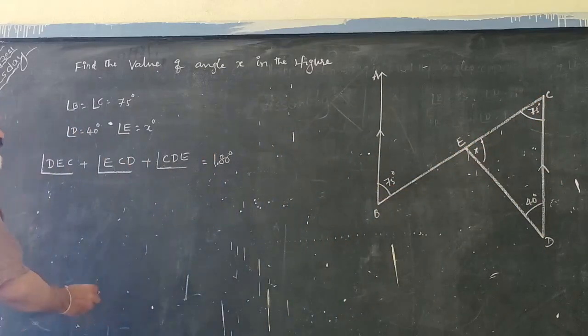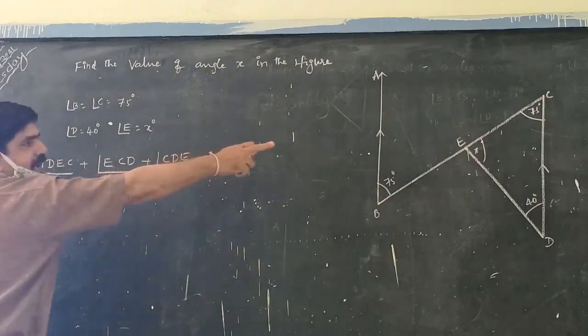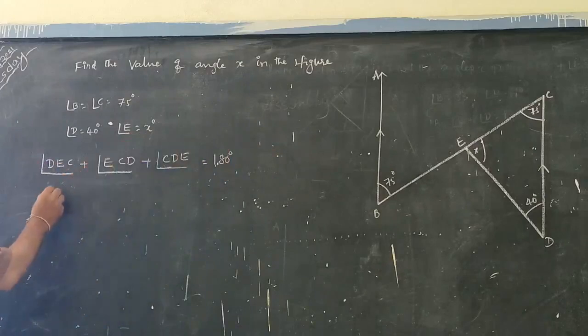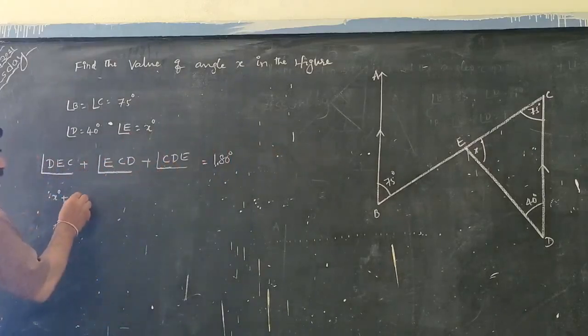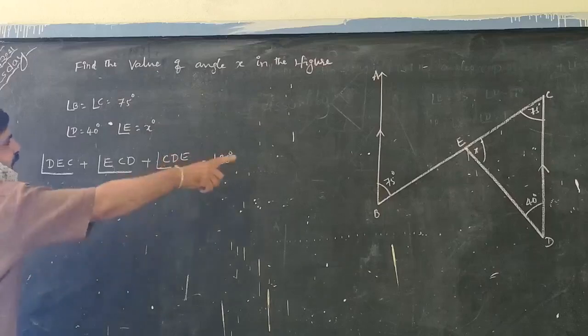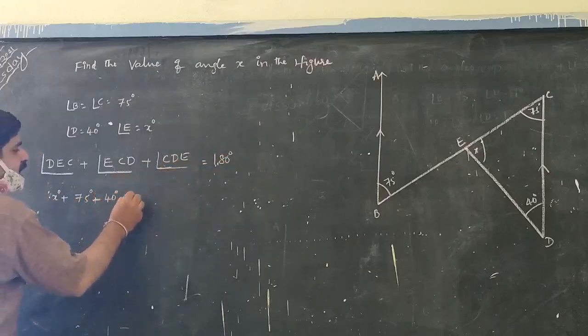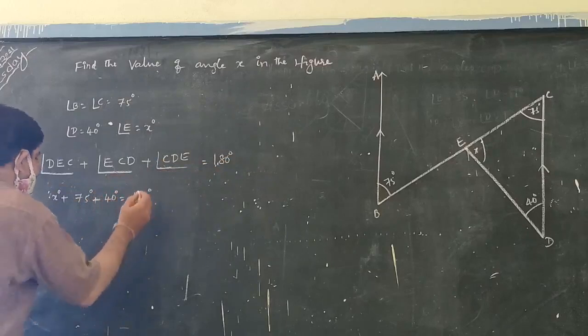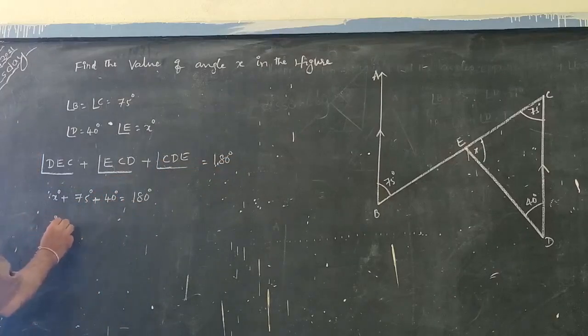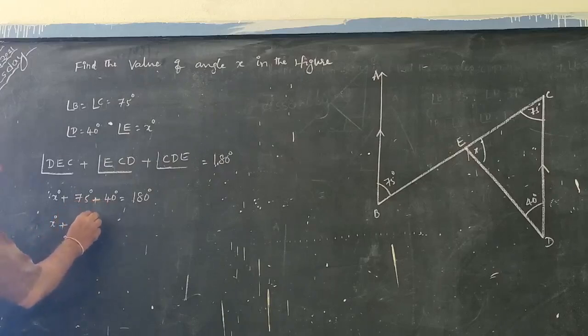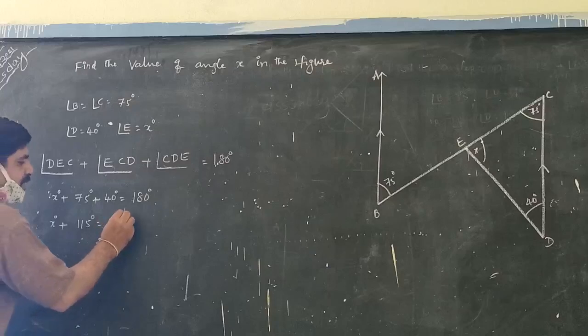Now what is angle E? x degrees plus angle C, which is 75 degrees, plus angle D, which is 40 degrees, is equal to 180 degrees. x degrees plus 75 plus 40, that is 115, is equal to 180 degrees.